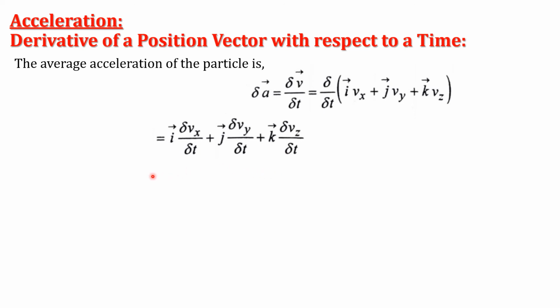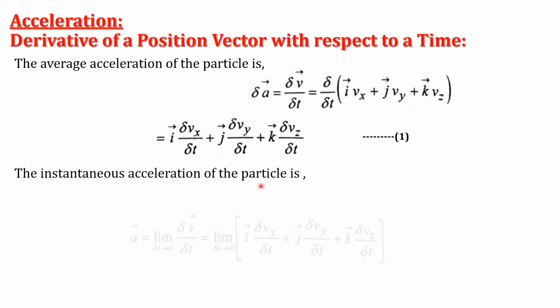Now, what is the instantaneous acceleration of the particle? The instantaneous acceleration of the particle is given by the limiting value of the average acceleration as delta t tends towards 0.